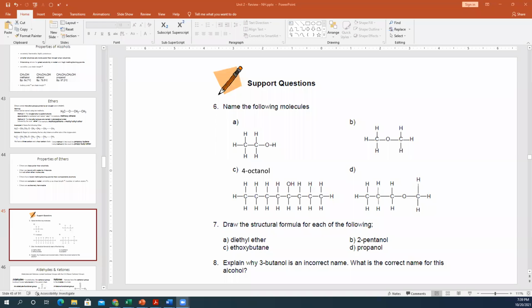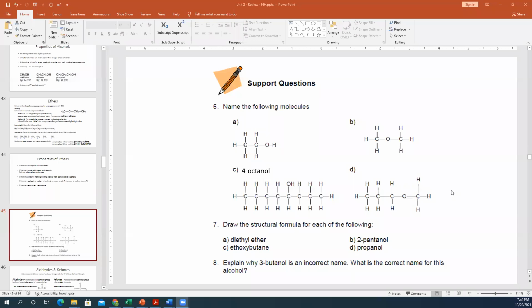There we go. Can everybody see where we left off on our support questions again? Yes, I can see. Okay, perfect. All right, I apologize very much about that. I could see the low battery sign, but I was hoping it would hold out for the next little bit. Okay, we still have 20 minutes.